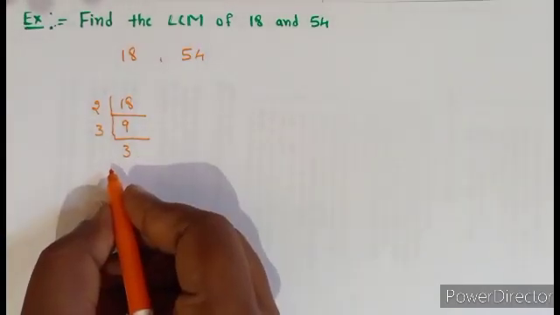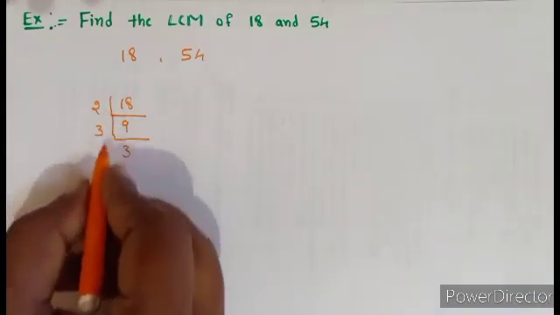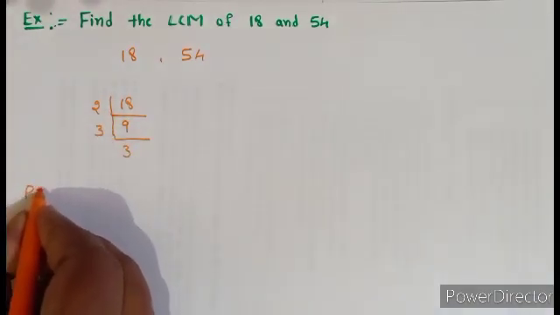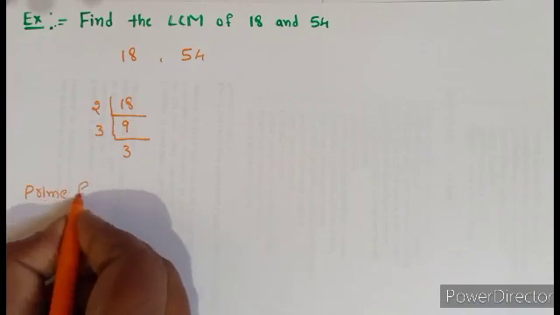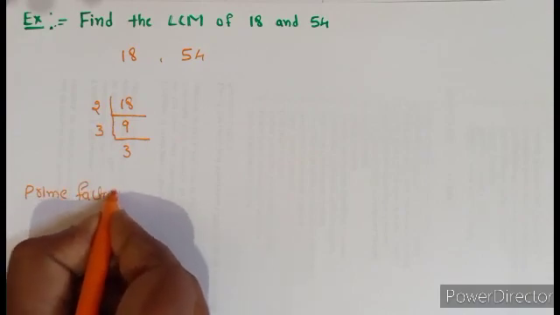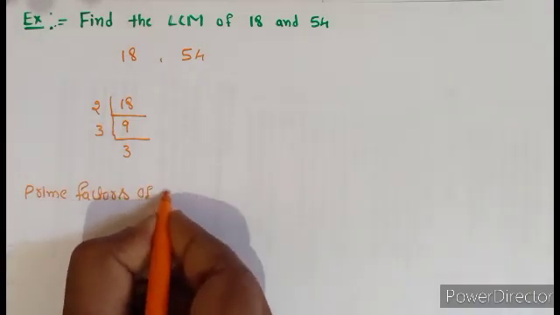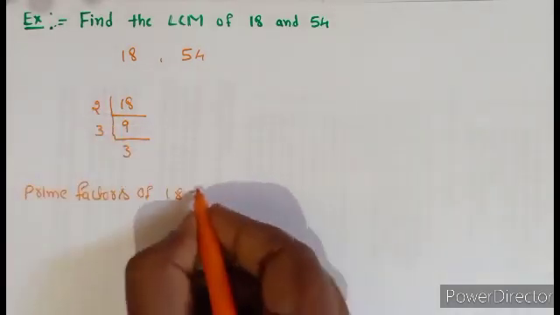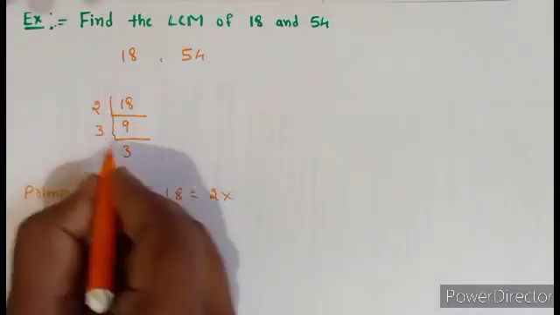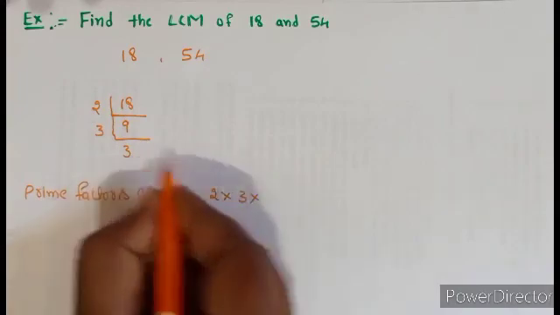And the prime factors of 18 are 2 into 3 into 3.